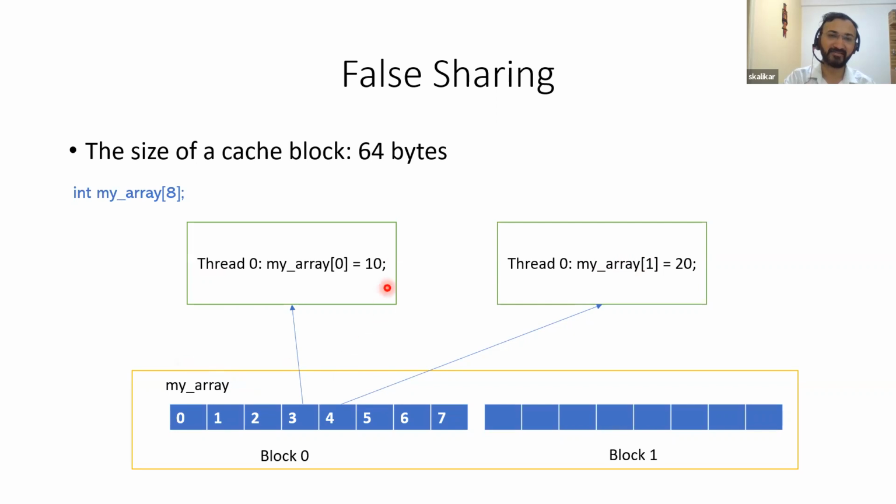So all these writes, although they are writing different locations and different threads are writing, they look to be happening in parallel, but at memory level, they are happening in a sequential way. This scenario is called false sharing. So you are not sharing, but you are sharing as a cache block. Understood the concept? Any doubts in this?